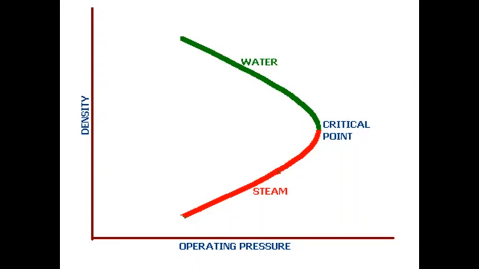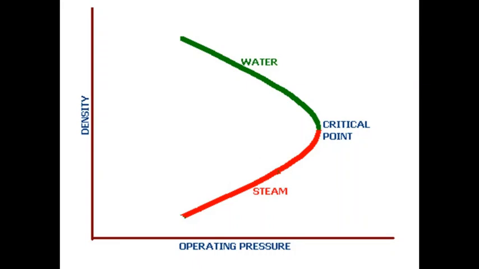But you see, this natural circulation is basically pressure dependent, and the more we increase the boiler operating pressure, the density of water reduces and the density of steam increases.